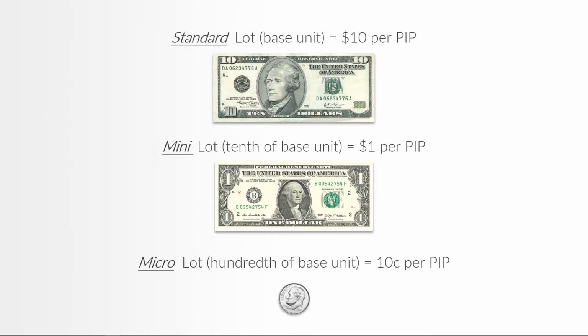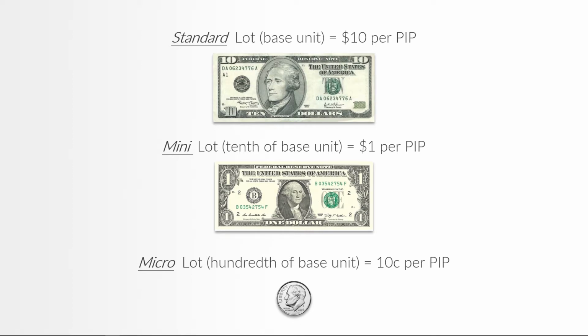Once again, standard, $10 per pip, mini, $1 per pip, micro, 10 cents per pip. I use US dollars as an example intentionally, not just because we've just talked about the Euro USD, but because it is the second currency in the quotation of the pair, the terms currency, which those values are based in.